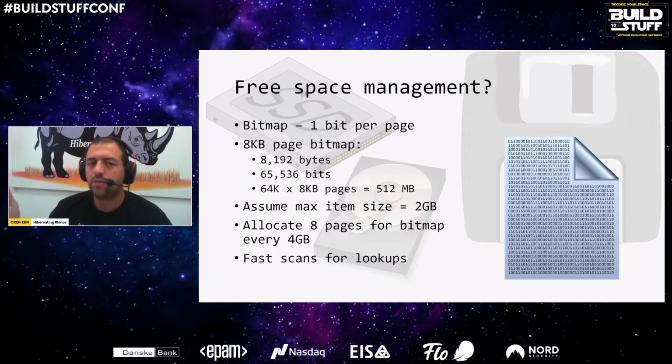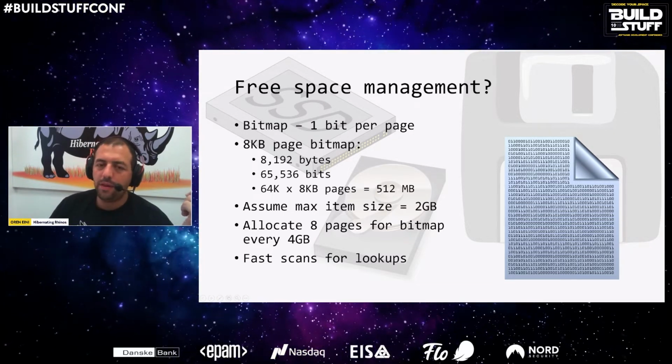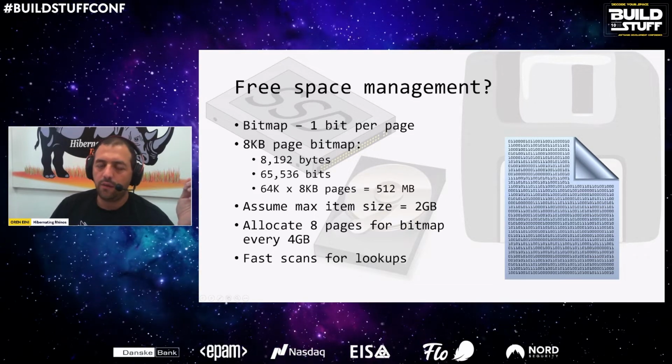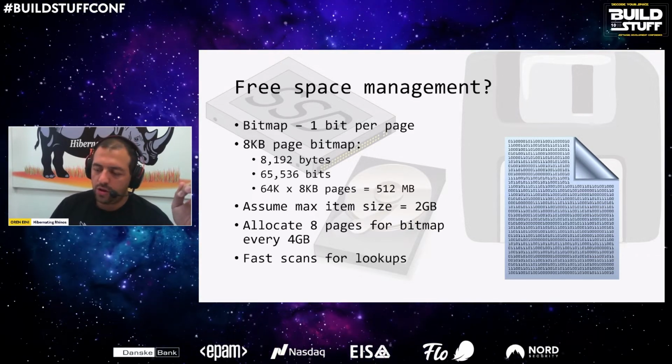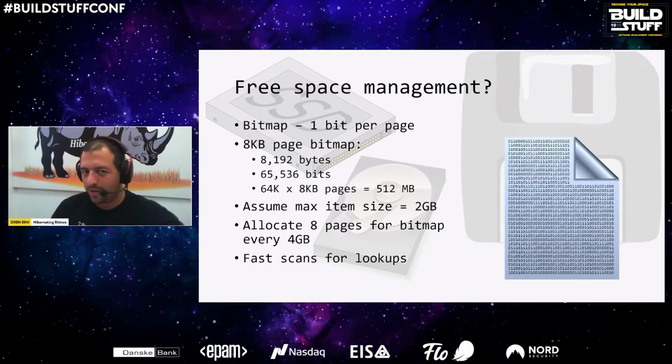Now that is interesting. Look at those numbers. An 8 kilobyte page where every bit says this page is used or not used. Notice that I'm using pages a lot. This is a bit recursive.